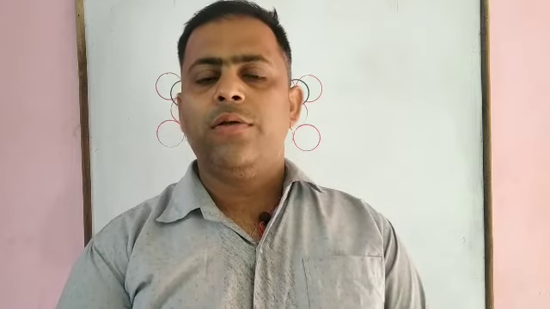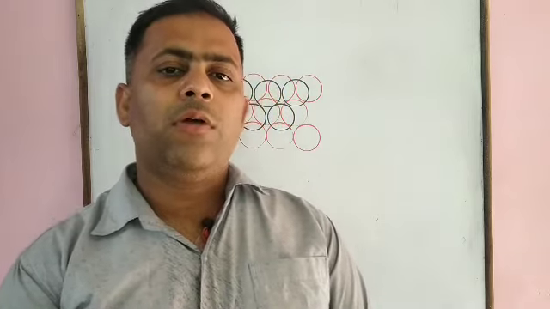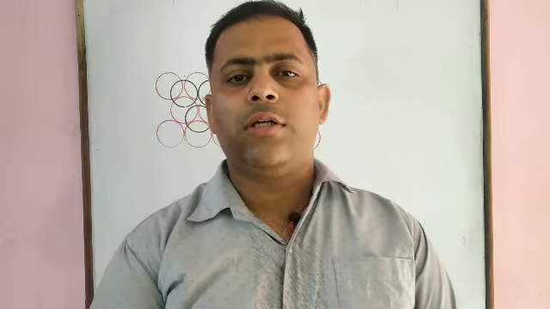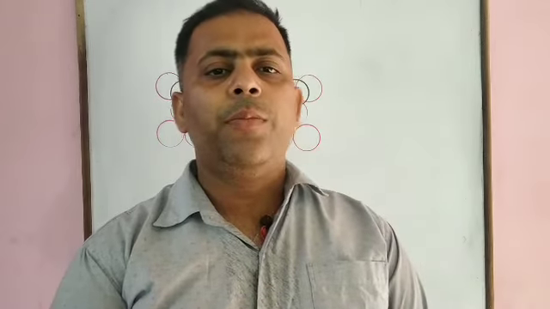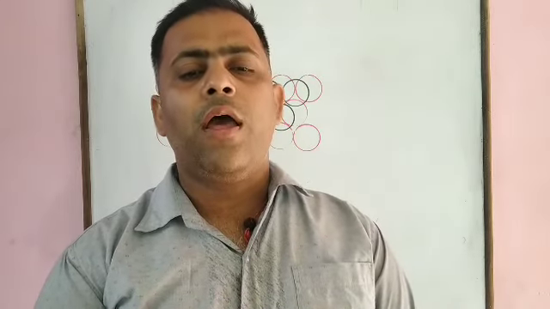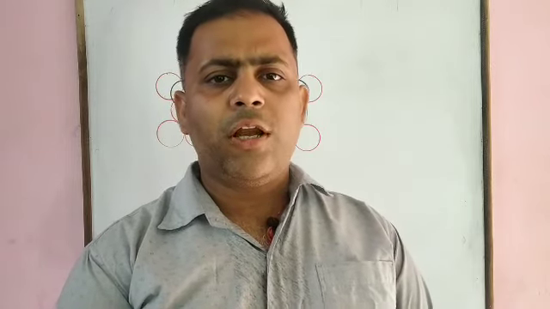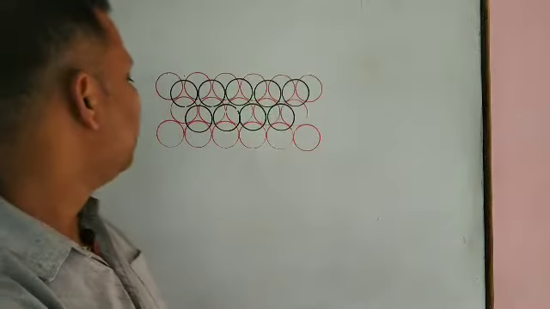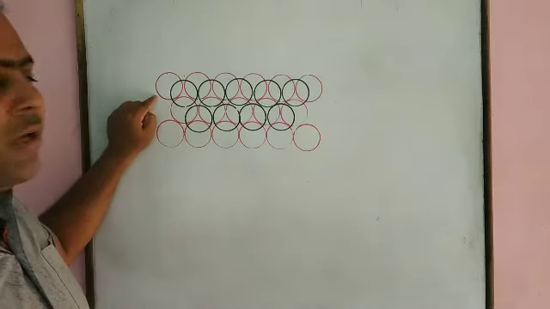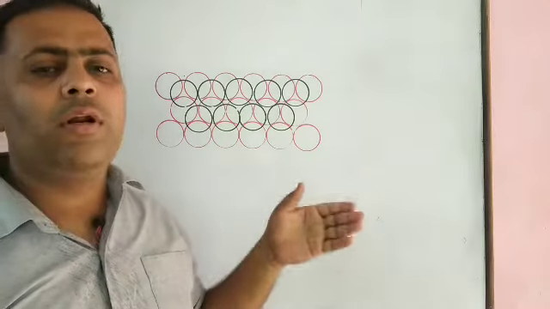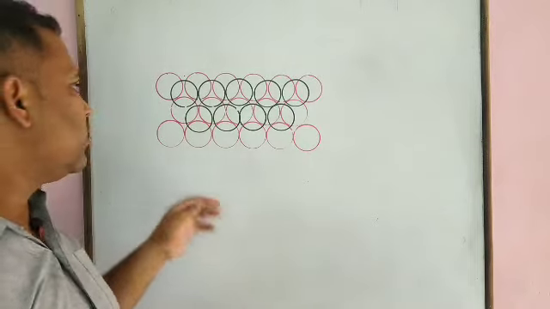Next, we have discussed the three-dimensional closed pack structures from the two-dimensional hexagonal closed packed structure. Let us see here once again. The red circles indicate the lower atoms or spheres.